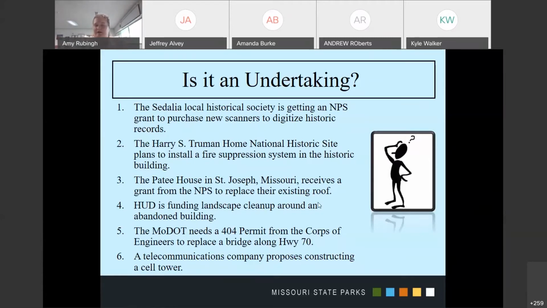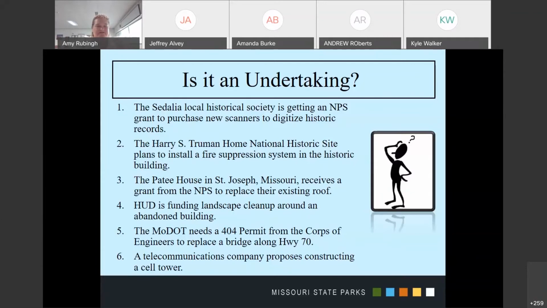Number two, the Harry S. Truman Home National Historic Site plans to install a fire suppression system in the historic building. Number three, and I'm going to butcher this, the Patee House in St. Joseph, Missouri, receives a grant from the National Park Service to replace their existing roof.